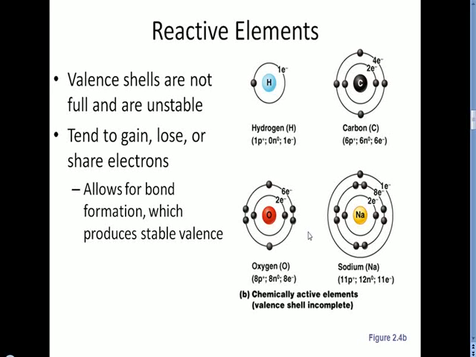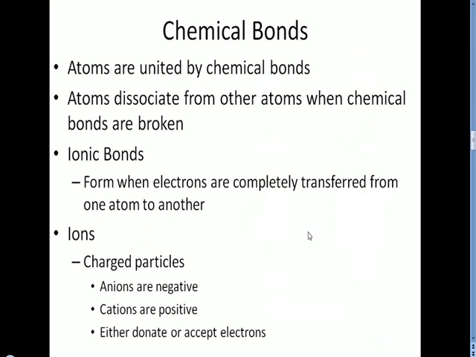It could either give away the electron it has, or it could steal an electron from something else. And either stealing, giving away, or sharing electrons are ways in which bonds can form. Every atom has different numbers of electrons in its outer shell, so it has slightly different characteristics in the kinds of bonds it's capable of forming.